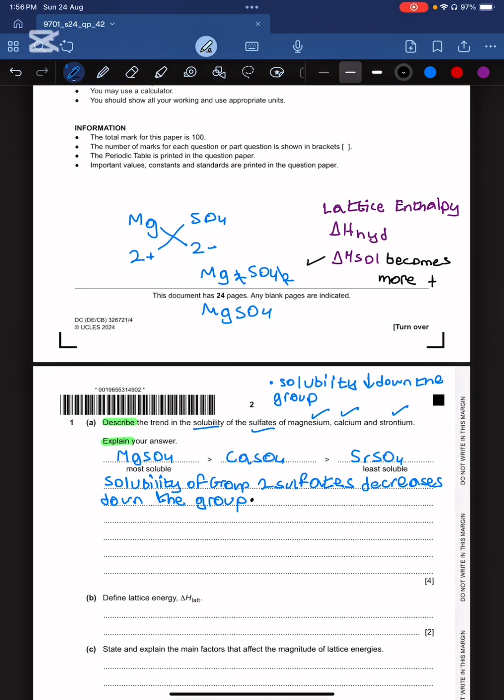Now just think for a moment. If the solubility is decreasing, which of these two variables will decrease more faster or will decrease at a greater amount? It is the enthalpy change of hydration which will decrease at a greater amount.